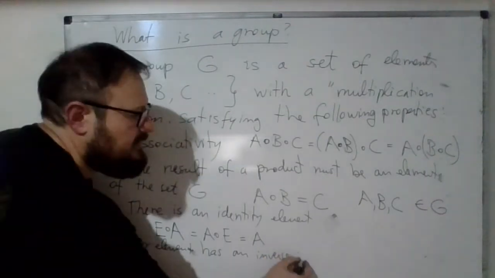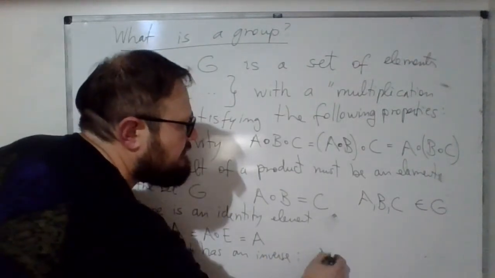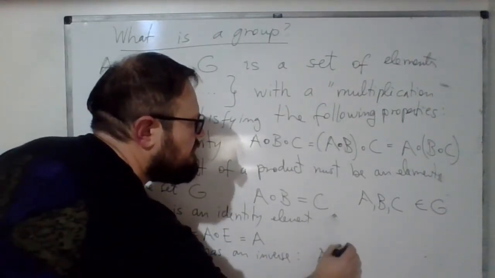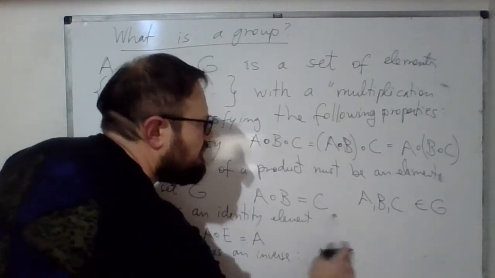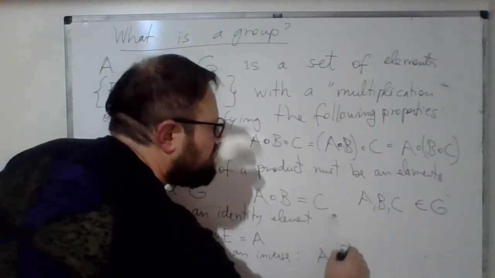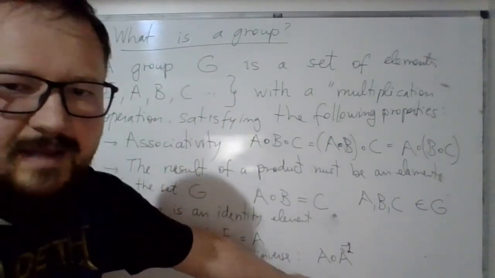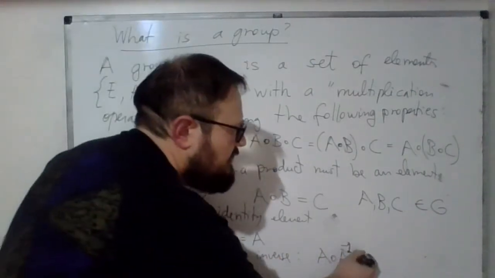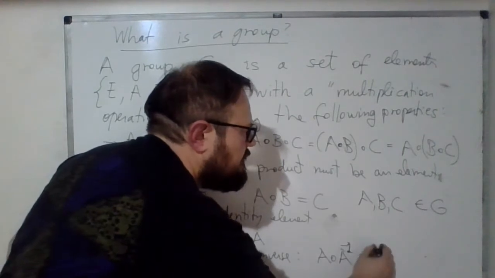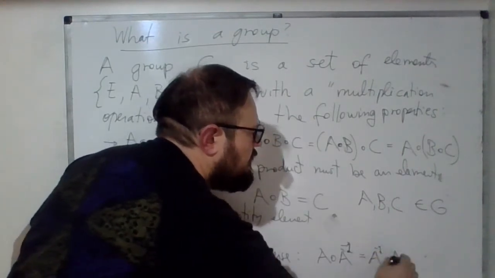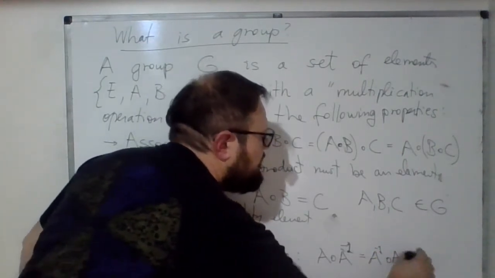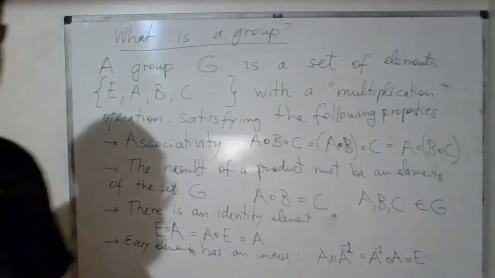Such that if you multiply that element by its inverse, which I will call a to the minus 1 here, in any order, you'll get the identity, all right?